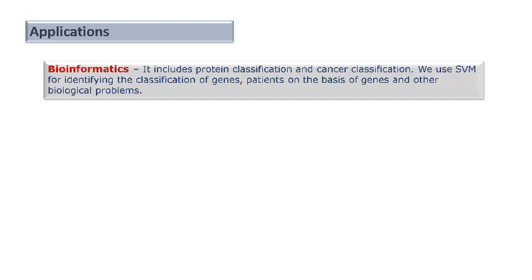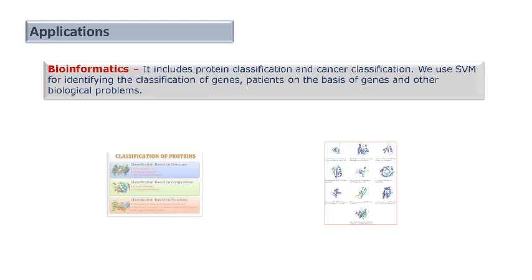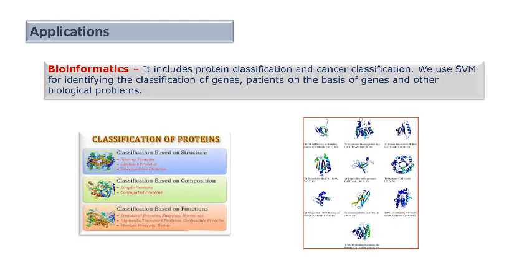This algorithm is very widely used in bioinformatics. Okay, so classification based on structure, classification based on composition, and classification based on function. These are the parts of protein classification. Okay, and many genetic structures are also classified by this support vector machine, right?